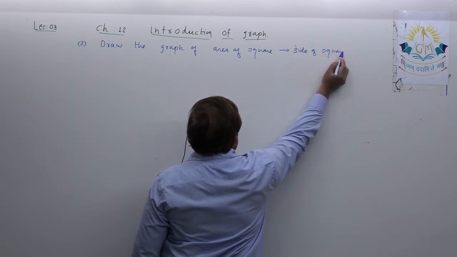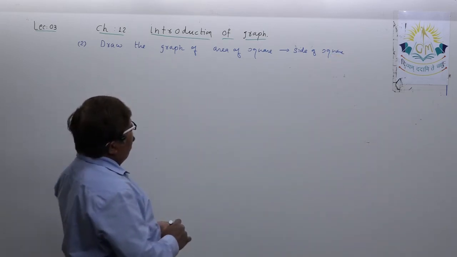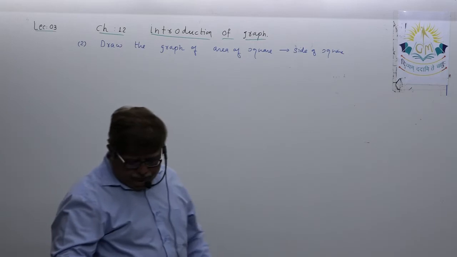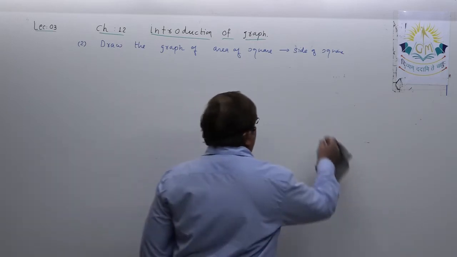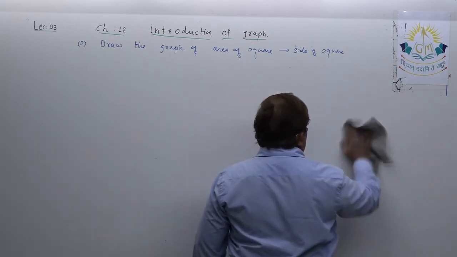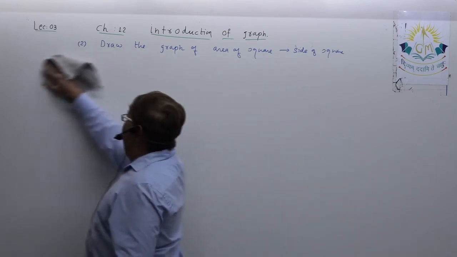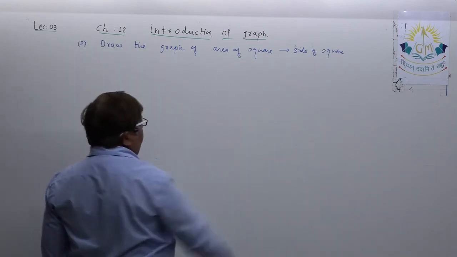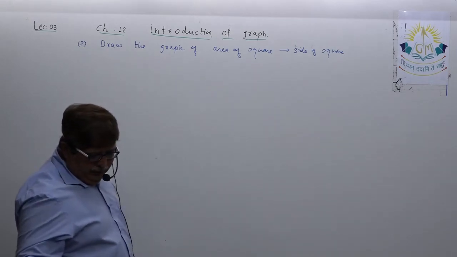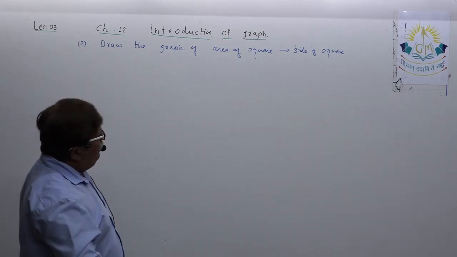As you know, there are two variables. First, area of square, and another variable, the side of the square. Let us suppose both of them.